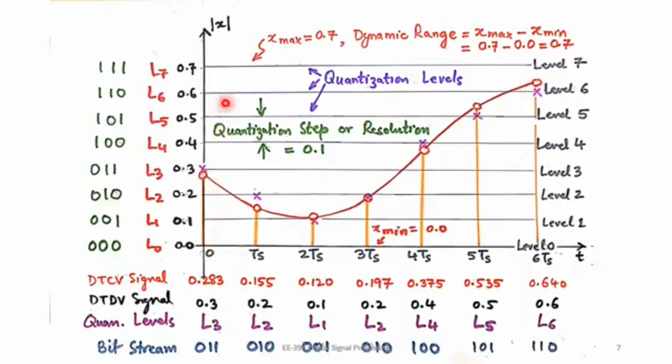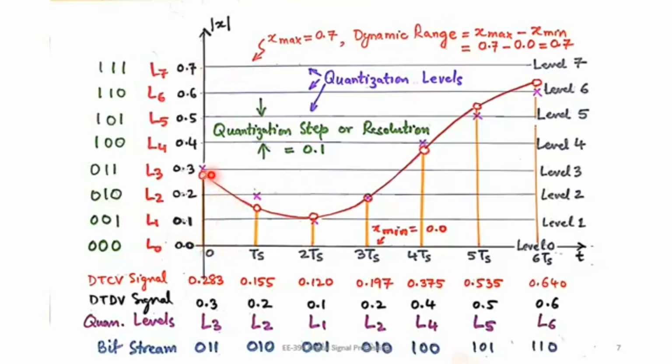Now it is up to us how many levels we define between this x minimum and x maximum. If we are not concerned with the quality of the signal a lot, then we can say, okay, let's have just two levels. Let's have 0 and let's have 0.7. The signal will be either on this level or this level.